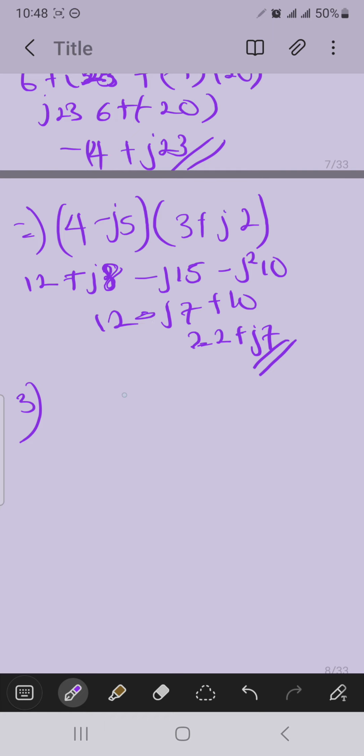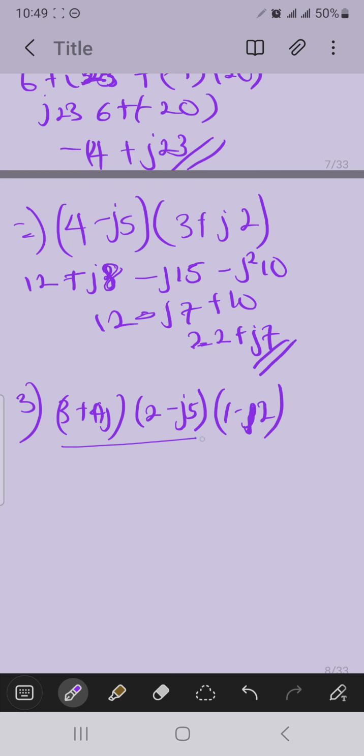So the third one, I have 3 plus 4j into bracket 2 minus j5 into bracket 1 minus j2. So first do this one and leave this one. 3 times 2, 6. 3 times this minus 15j. 4 times 2. 4 times this minus j square.